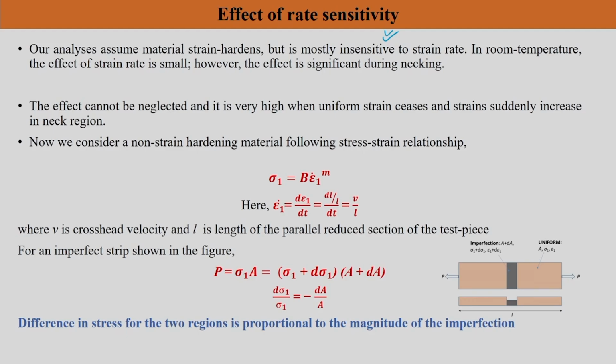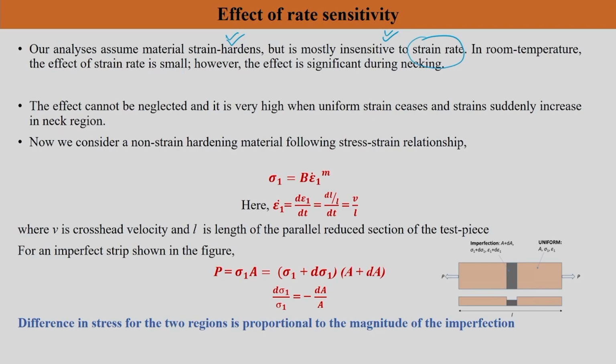But until now, what we have assumed is that the material strain hardens, and mostly it is insensitive to strain rate. That can hold at room temperature. But the problem is, when necking starts, the effect of strain rate becomes significant during that localization or necking process.